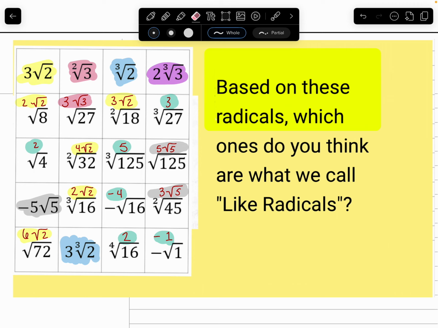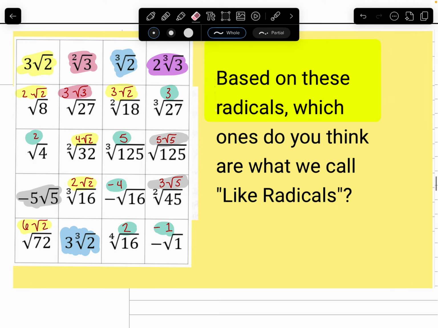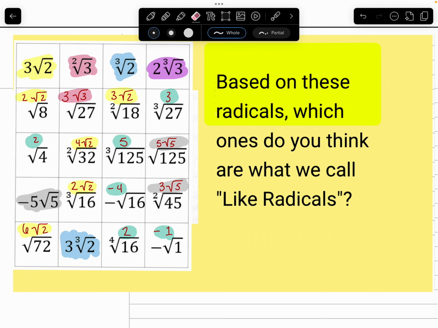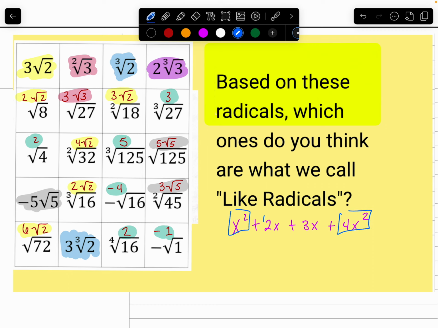So now let's try adding them, because in like radicals we can add them just like how we add variables. We know that x squared plus 2x plus 3x plus 4x squared, we add these two and these two together because of the exponent of the x's. So we do the same thing for radicals, except instead of just the exponents, we look at the index and the radicand.